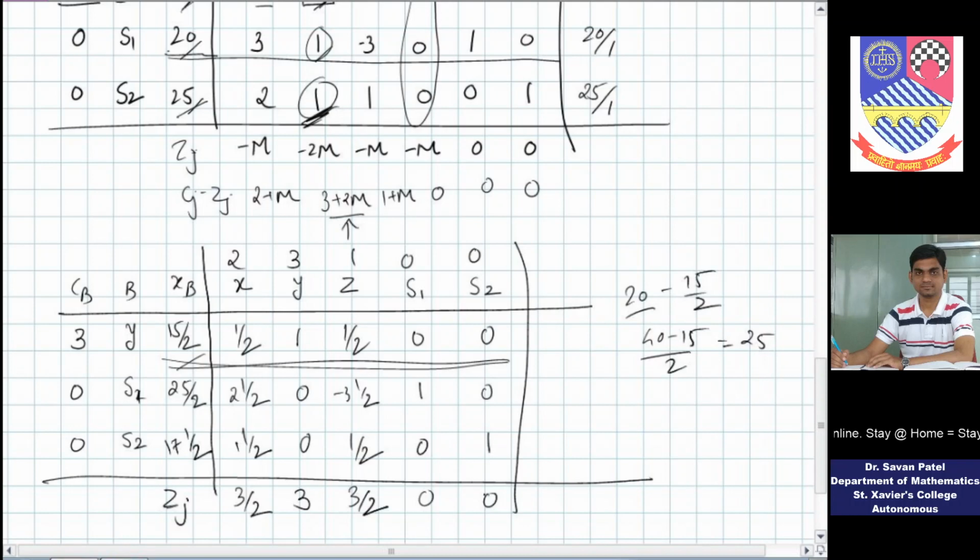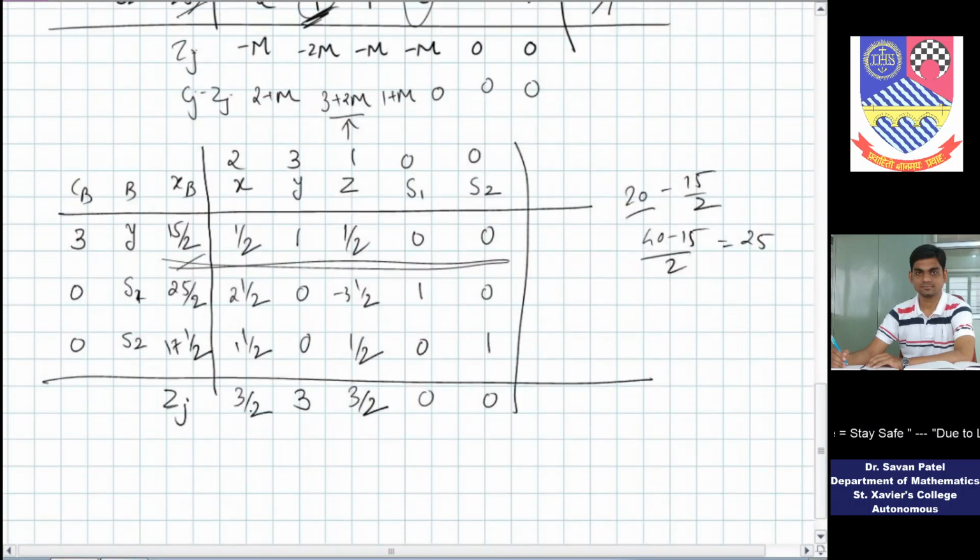Now Cj minus Zj is 2 minus 3 by 2, means 1 and a half, which is half. 3 minus 3 is 0. 1 minus 1 and a half is minus half. 0 minus 0 is 0 and 0 minus 0 is 0.